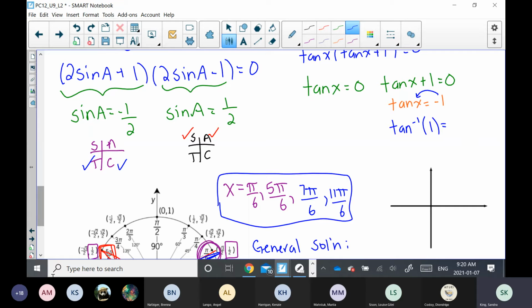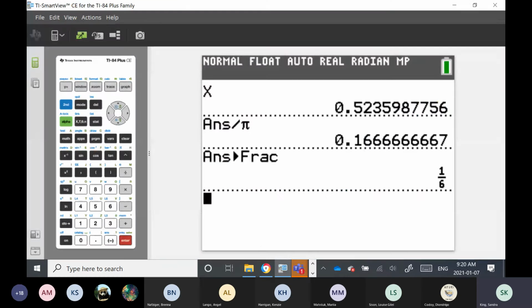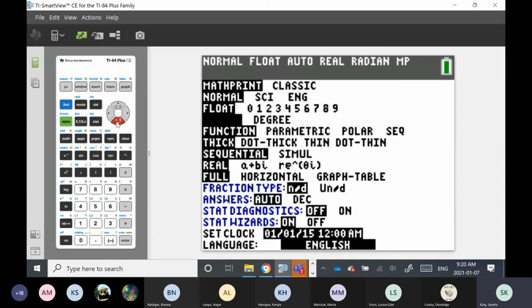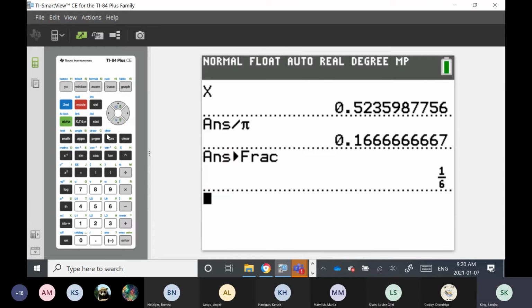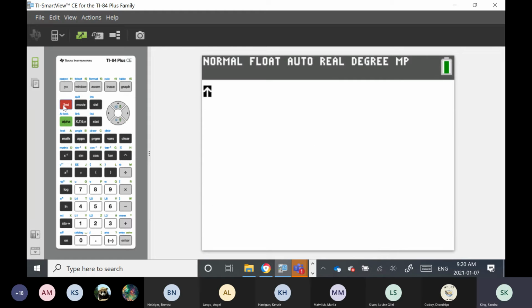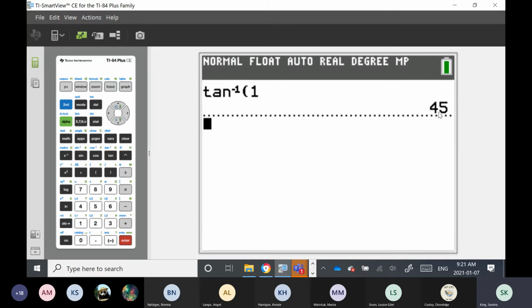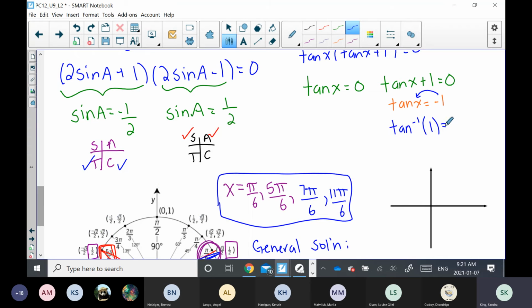And just to be able to visualize this, instead of worrying about radians, even though they do want my answer in radians, I'm going to change my calculator to degree mode. And I'm going to see, well, what's the reference angle? So second function tan of 1, and that's 45 degrees. So the reference angle is 45 degrees.